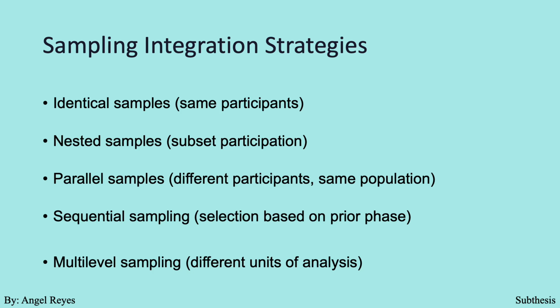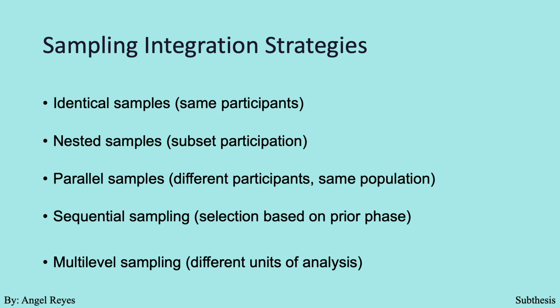Sampling integration is a critical design-level decision. You might use identical samples, where the same individuals participate in both the qualitative and quantitative components. Or you may select nested samples, where a subset of participants in one strand contributes to the other. Parallel sampling involves using different individuals from the same population in each strand.